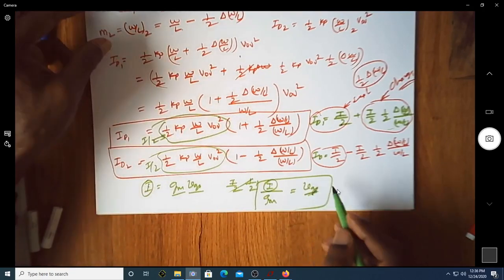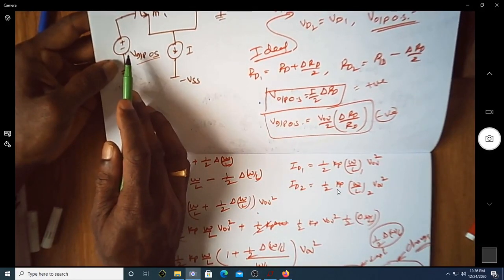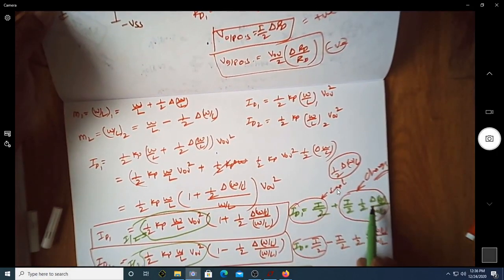Now what we are looking at is what should be the amount of input voltage that you should apply here so that you can nullify this change in current.